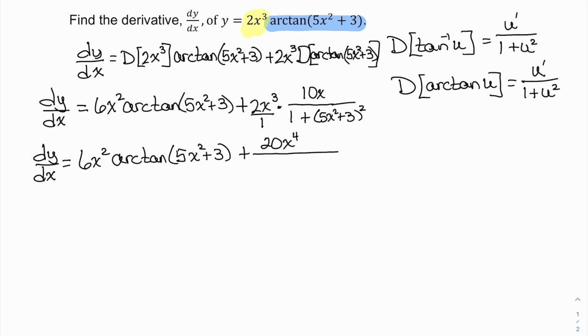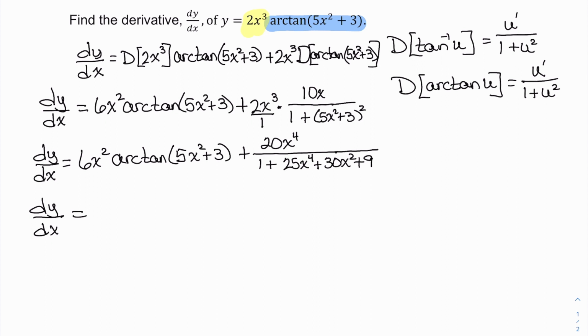And in the denominator, we can square out the 5x squared plus 3. So that gives us 25x to the fourth plus 30x squared plus 9.